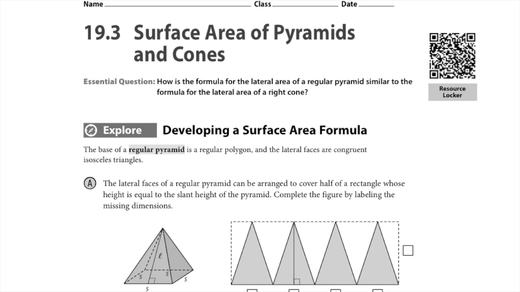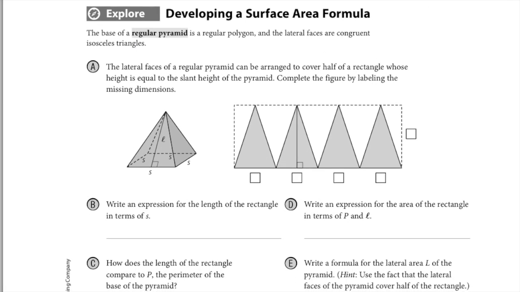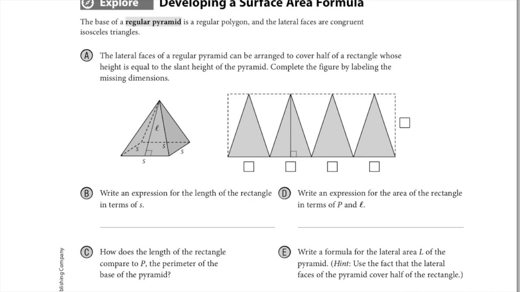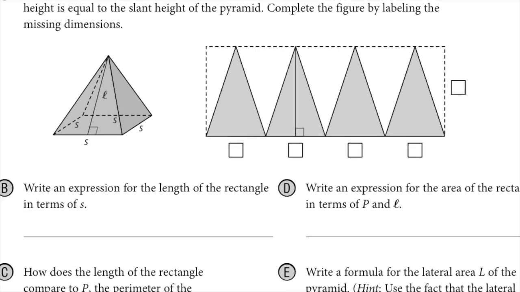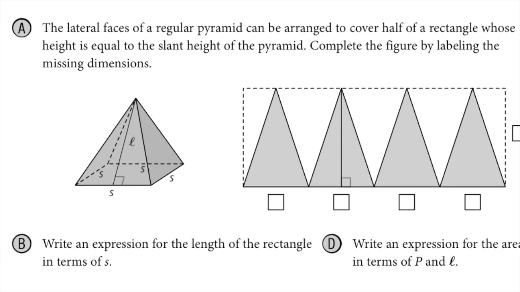So when we talk about, first of all, pyramids, a regular pyramid has a regular polygon base, and then the lateral faces are, of course, congruent isosceles triangles. So you can see as we unfold here the net of all these triangles on the pyramid that are completing this figure. I'm going to zoom in a little bit.